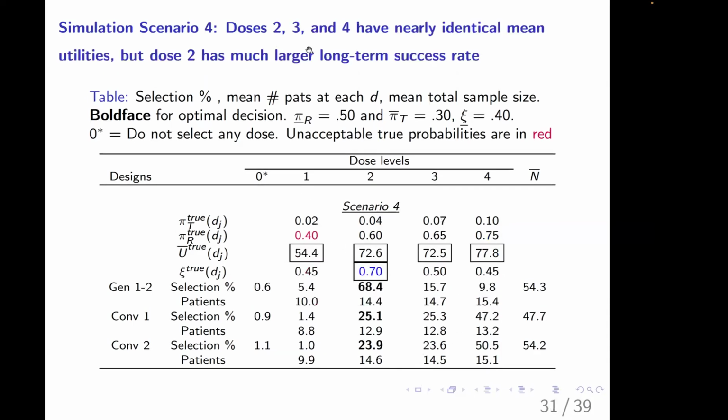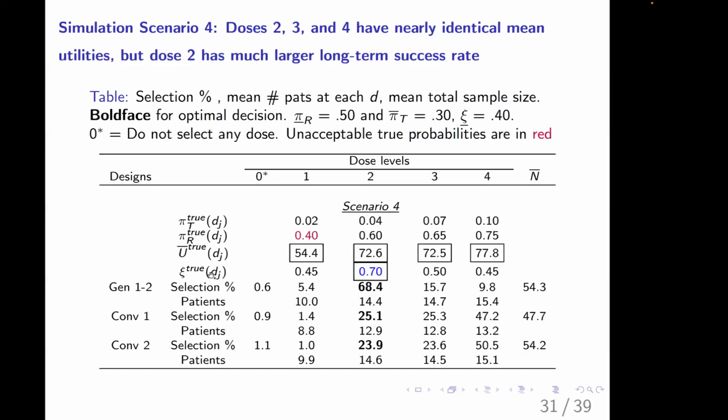And then in simulation scenario 4, doses 2, 3, and 4 have ideally identical mean utilities, but dose 2 has a much higher long-term success rate. So this says, look, if the mean utilities jump from 54 up to like 72, or was it 73 to 78, so doses 2, 3, and 4 are a lot better, and dose 4 is the best.